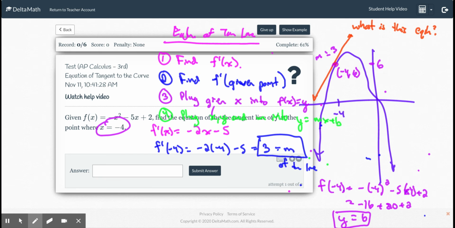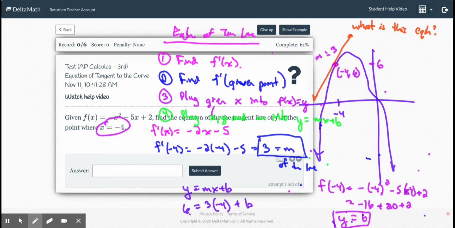I'll try to write this better on the next slide. Sorry. So we're going to plug all the information in. y equals mx plus b. We got a y is 6. Our m is 3. Our x is negative 4. The only thing we don't know is b, so we have to solve for b.